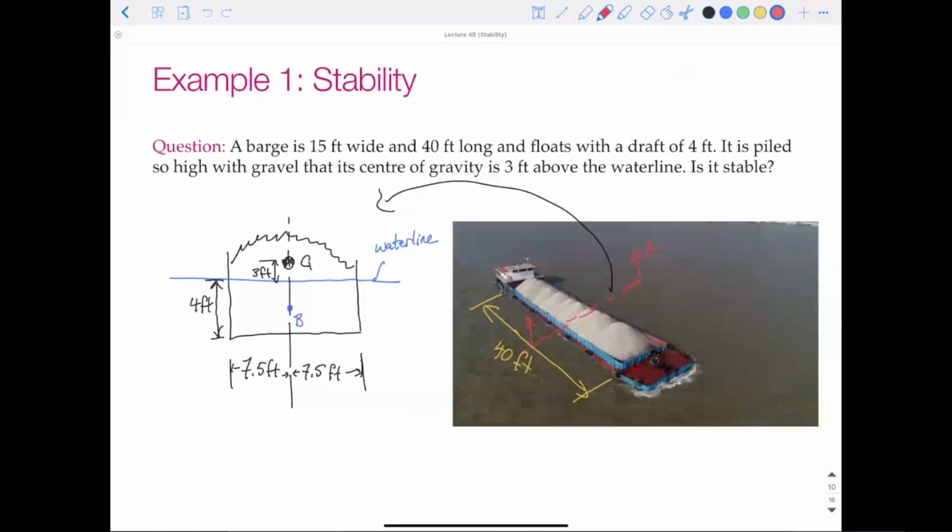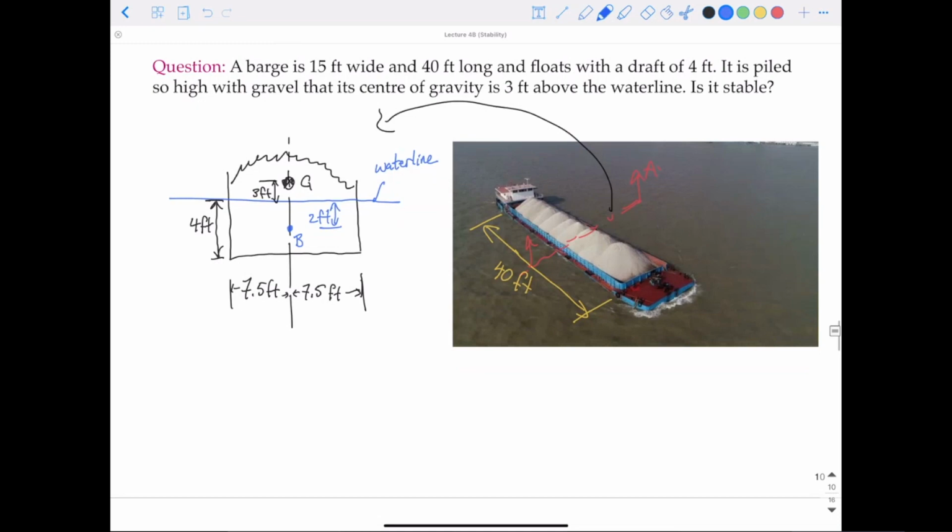But yes, Ahab and Jaden are correct. Our center of buoyancy will be 2 feet from our surface, because that's the center of the submerged section. 2 feet. So let's write our equations.